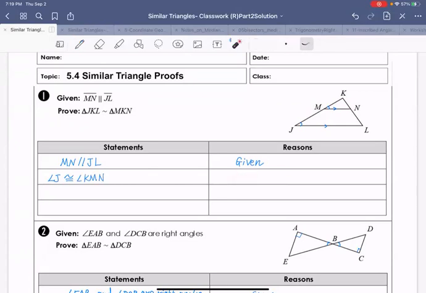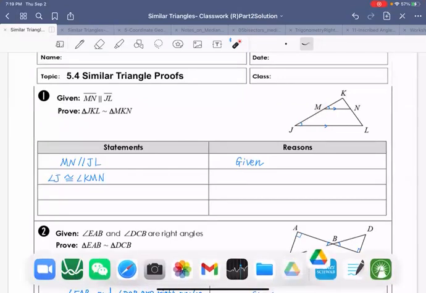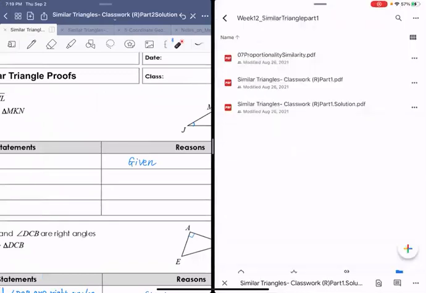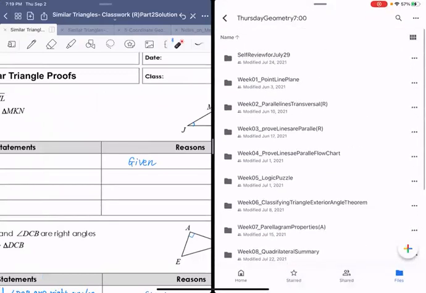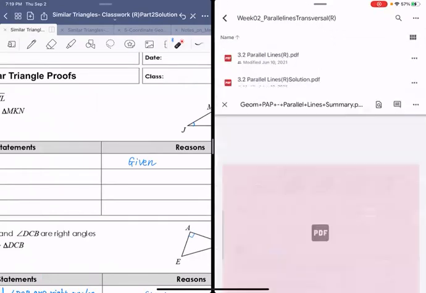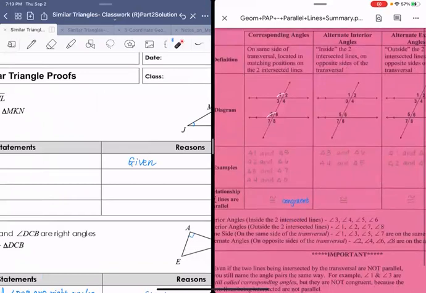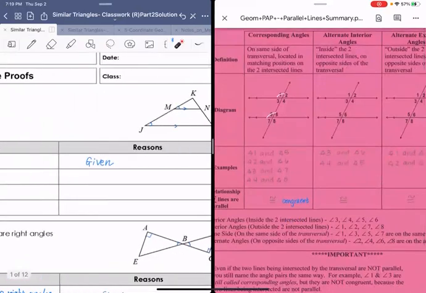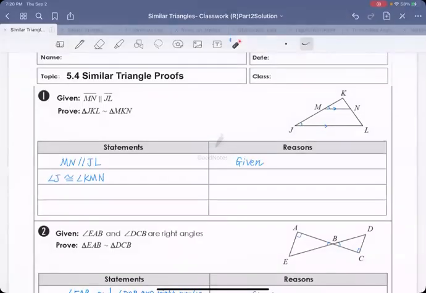Is it interior angle? Wait, same side. Hold on. Look. Which one do I want to say? Corresponding angle. Yes. Make sense now?